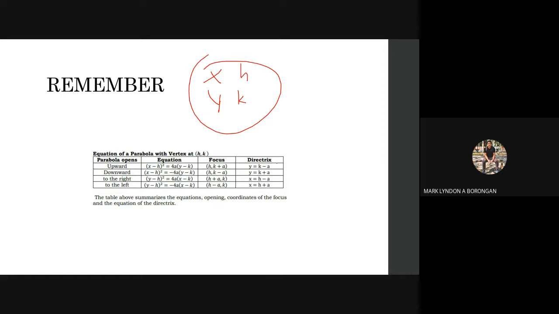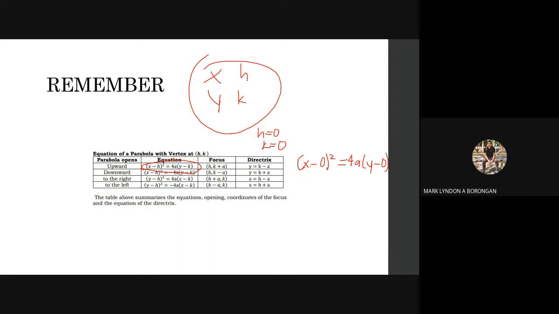So what about this example? What if our h is equal to 0 and our k is equal to 0? Meaning we are at the origin, or at the vertex. Let's try substituting this into the formula we will use. So we have (x minus 0) squared is equal to 4a times y, and our k is 0.